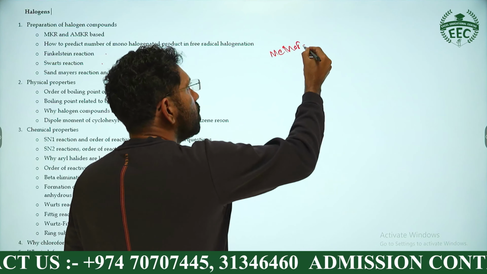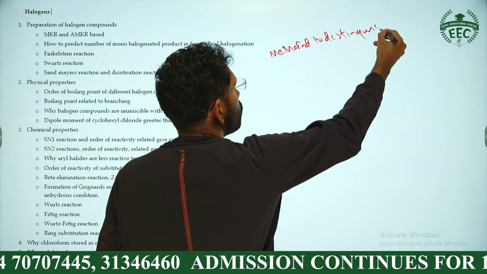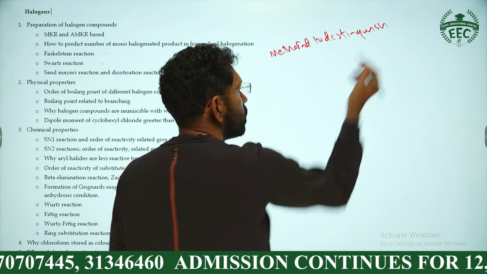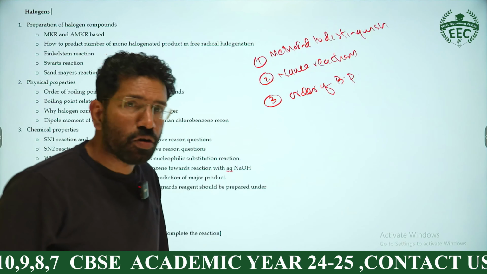You have to remember these. This is coming. Number 2, you have to study name reactions, all name reactions. Number 3, you have to study the order of boiling points of different organic compounds.